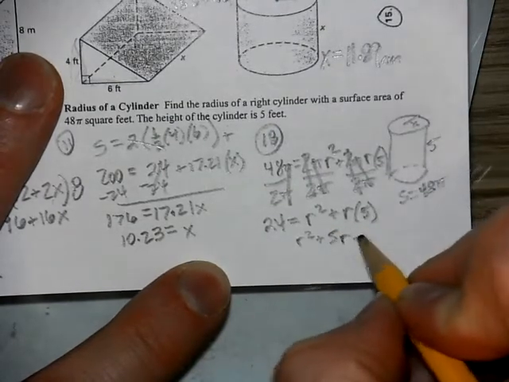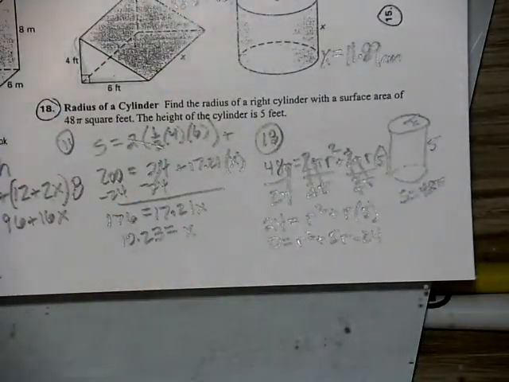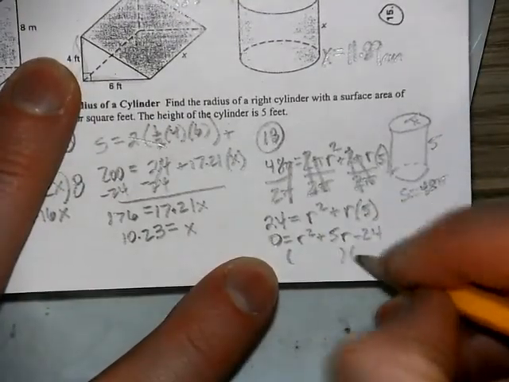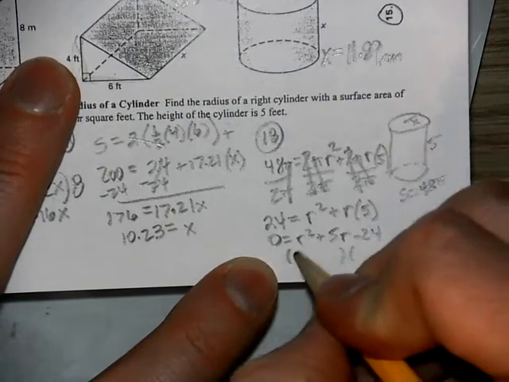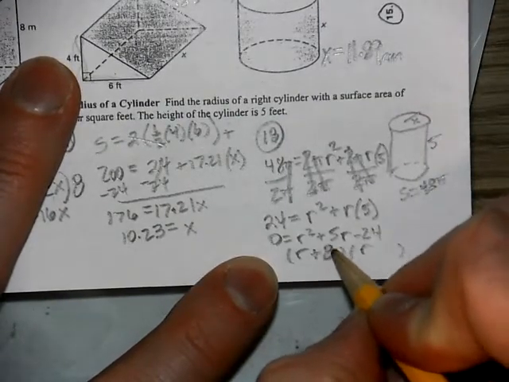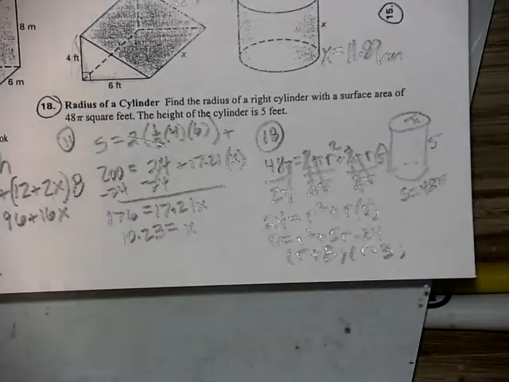We're going to bring the negative 24 across, so it equals 0 on the other side. We haven't done this since algebra class, but you would need to factor this one apart. Don't stress yourself out about the factoring. So a positive 8 and a negative 3 is the way you would factor that.